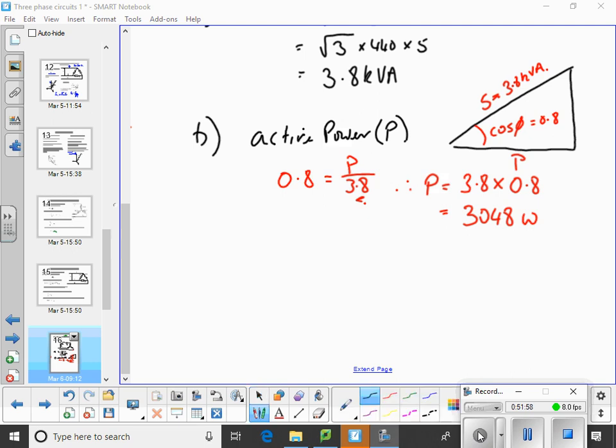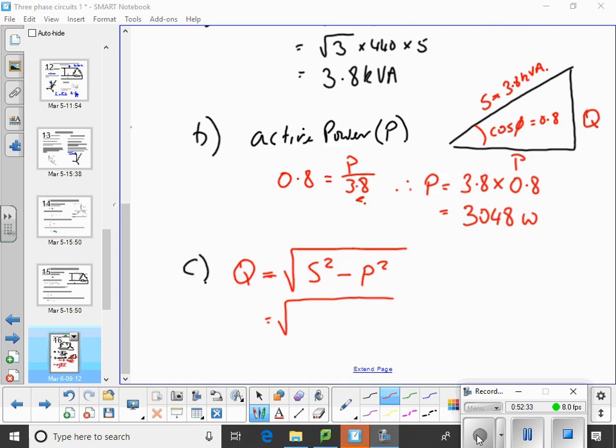And then C, it says reactive power. So we want to find Q. How would you do it? It's equal to root S squared minus P squared.